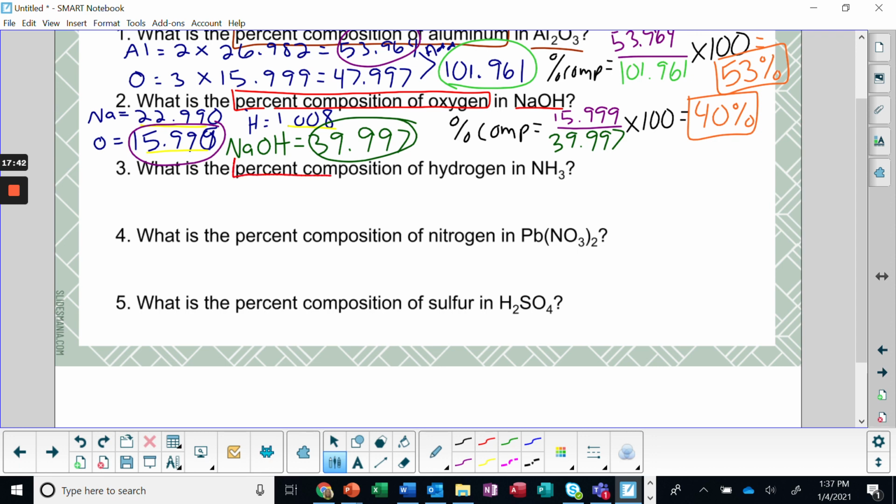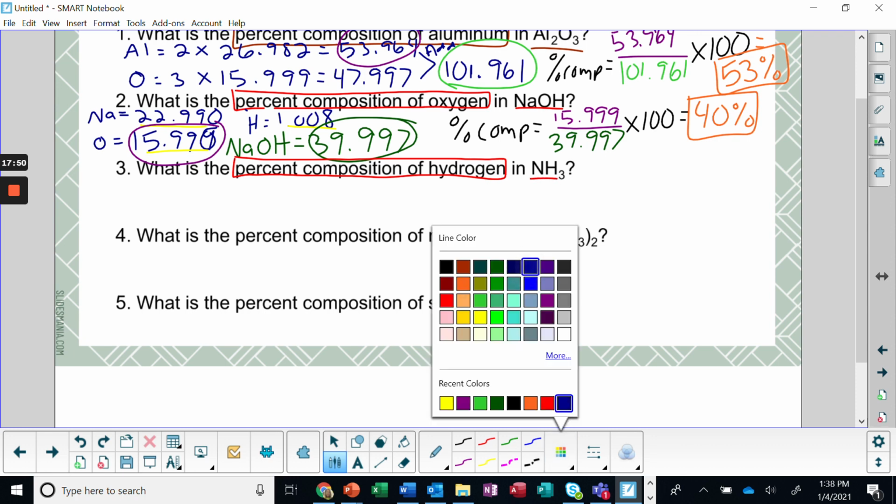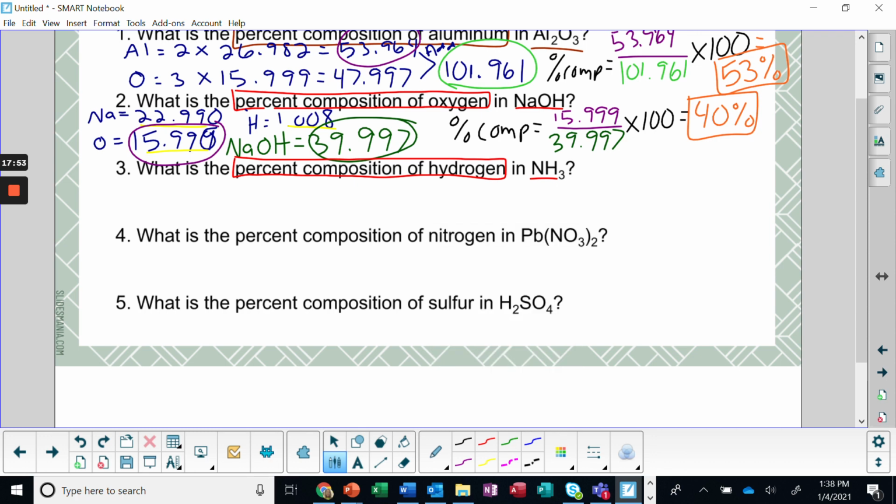So I want to know what's the percent composition of hydrogen in NH3. List our elements. I have 1 nitrogen, I have 3 hydrogens. Multiplying by their mass off the periodic table.